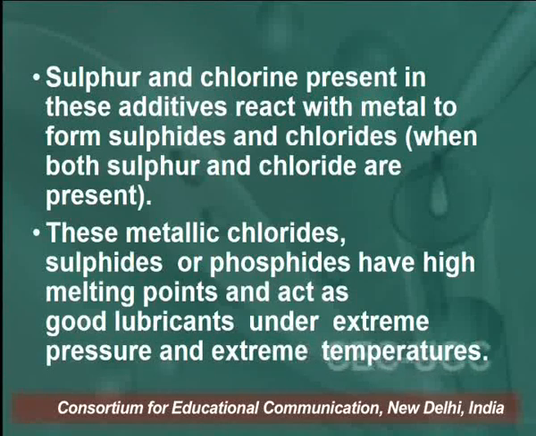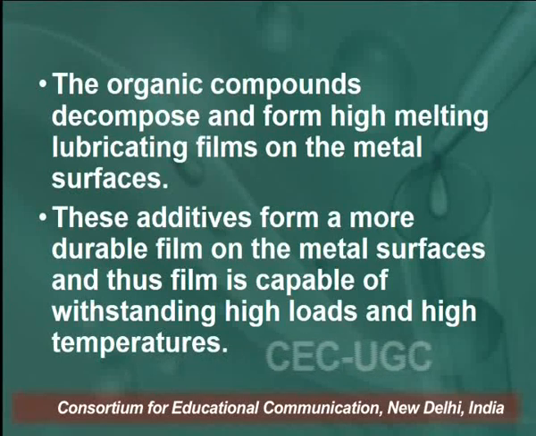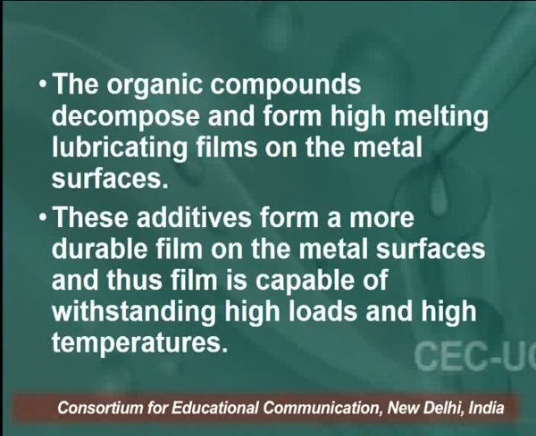These metallic chlorides, sulfides or phosphides have high melting points and act as good lubricants under extreme pressure and extreme temperatures. The organic compounds decompose and form high melting lubricating films on the metal surfaces.